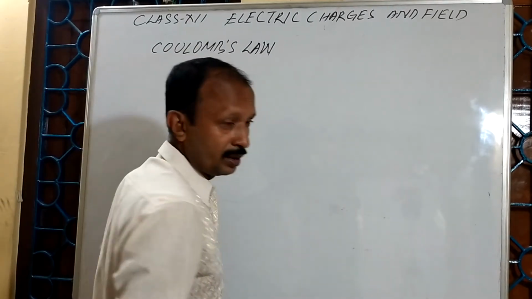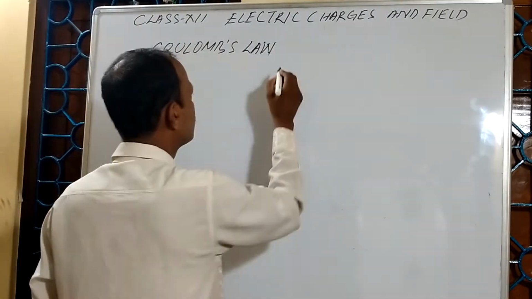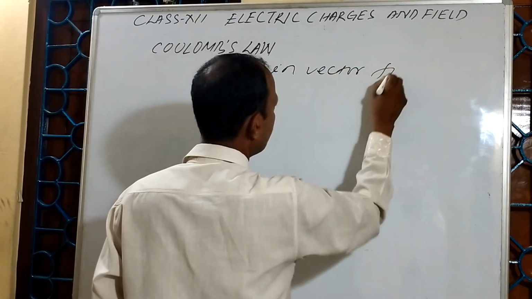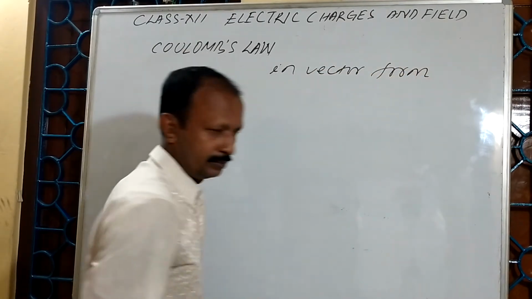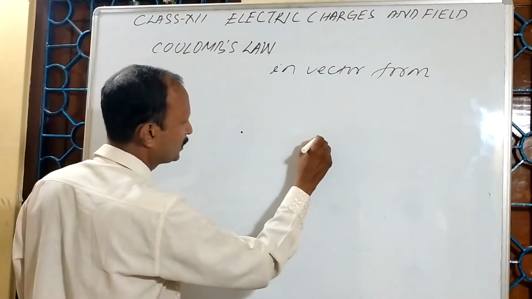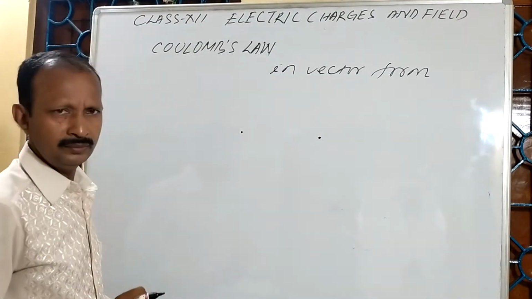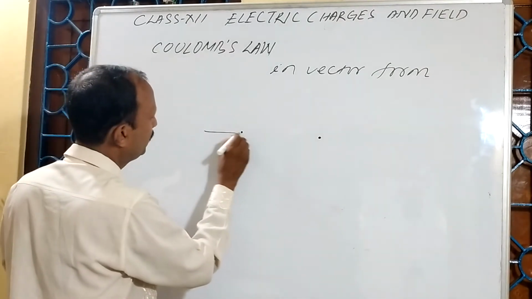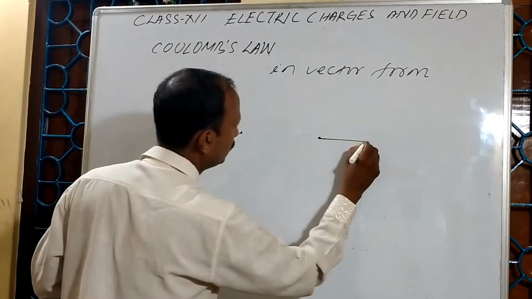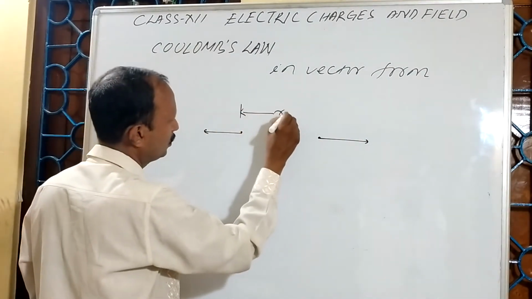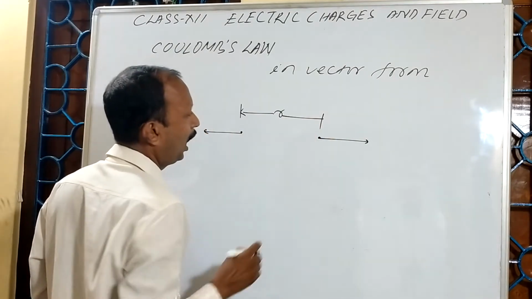So we'll see its vector form. Coulomb's law in vector form. See, here 2 point charges are there. Suppose we have taken like charges. So definitely there will be a repulsion between them. I have taken earlier also this distance is r.